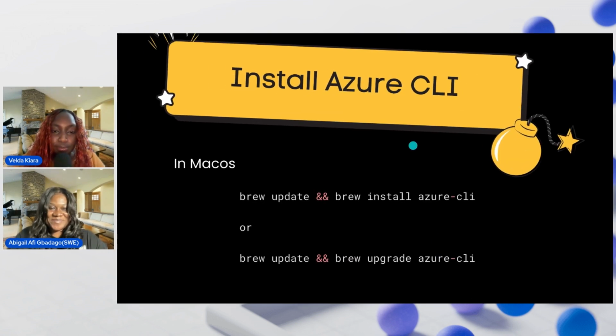So the first spot you should start with is definitely the installation process. If you're on macOS and you do not have it installed, you should update Brew, then install Azure CLI. If you have Azure CLI already, you could just upgrade it to ensure that you get the latest update of the Azure CLI.